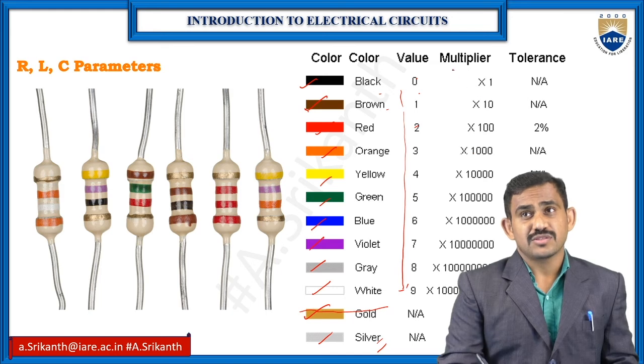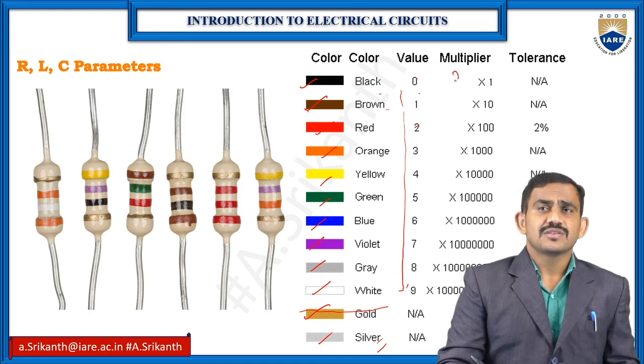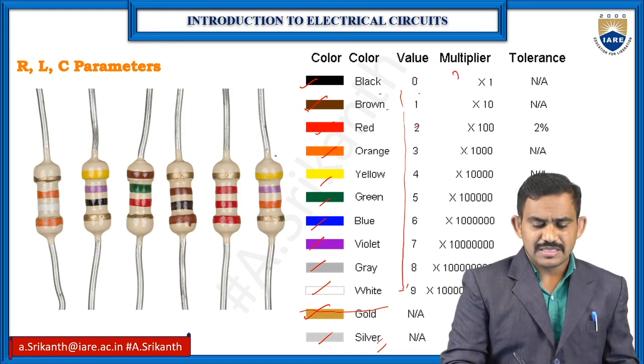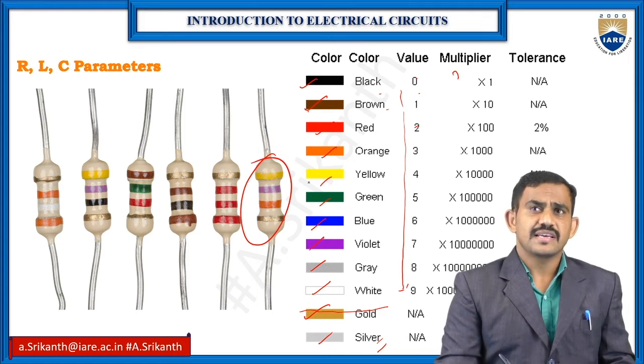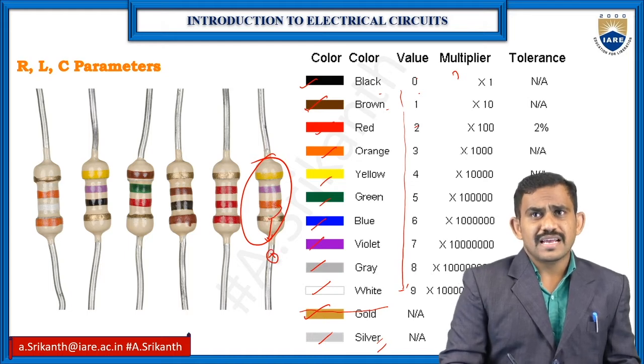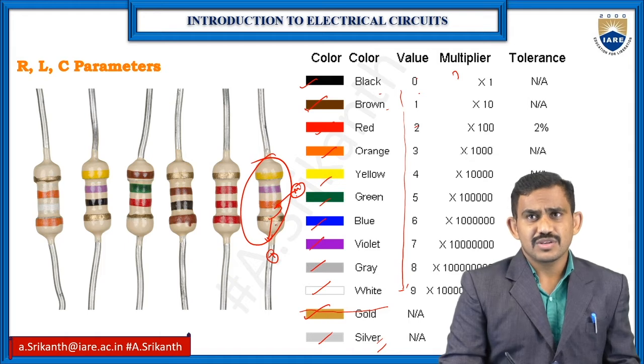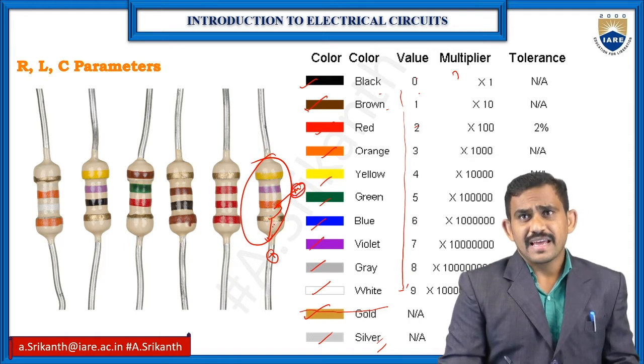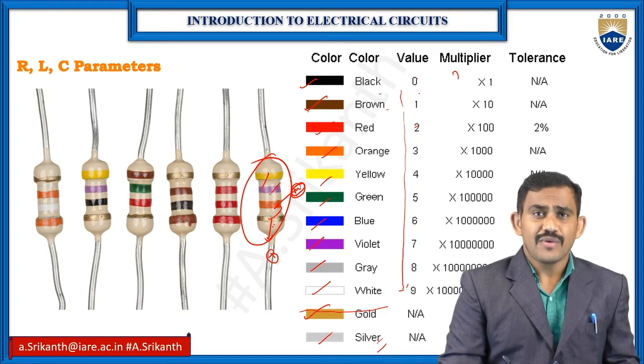And the multiplier also. Why the multiplier? I have one resistor here. If you observe this resistor, for example, here the gold color is the tolerance, and before the gold color is the multiplier, and the remaining two are values.